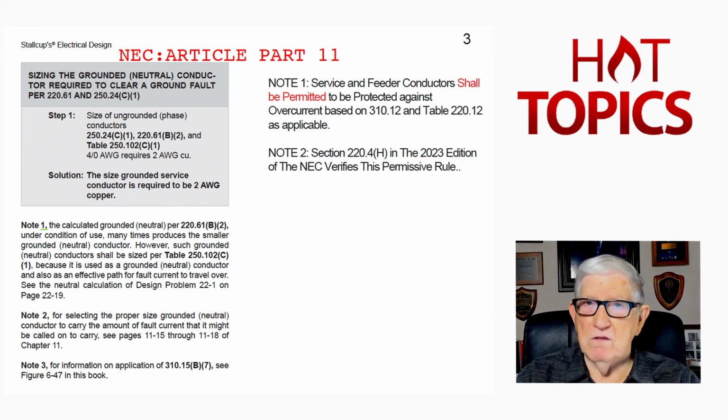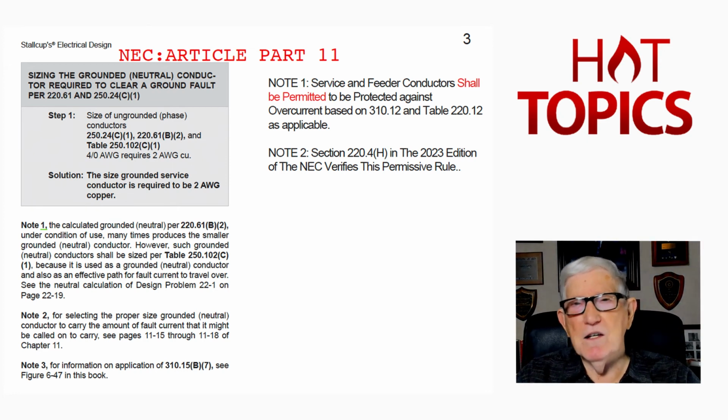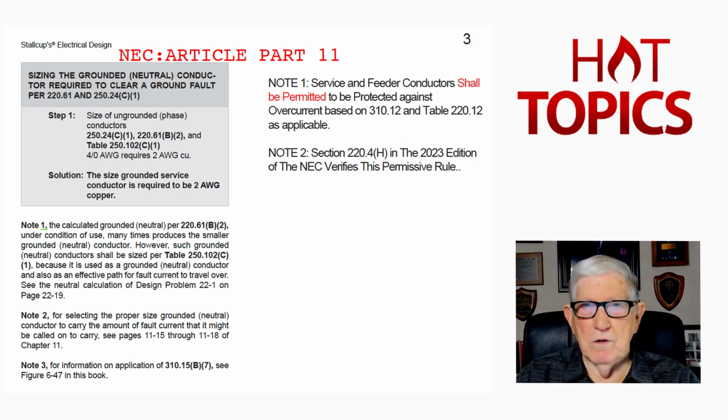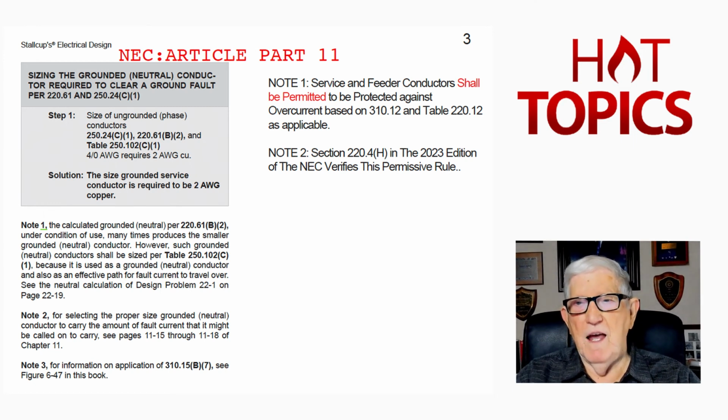You have a choice. When you go to Article 90 and you look at shall be permitted, it means you have a choice. It shall be permitted to be protected against what? Overcurrent. Based on what? 310.12 and your table. So this is a big change, and you want to look at it very carefully and see how the authority having jurisdiction will interpret it.